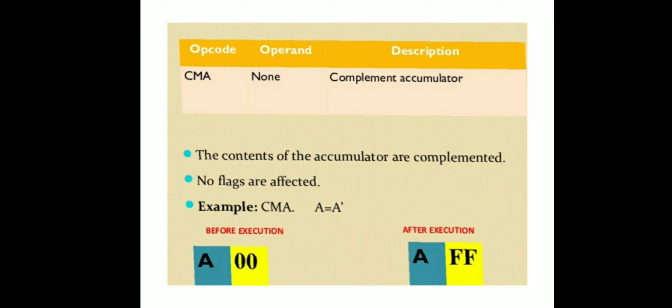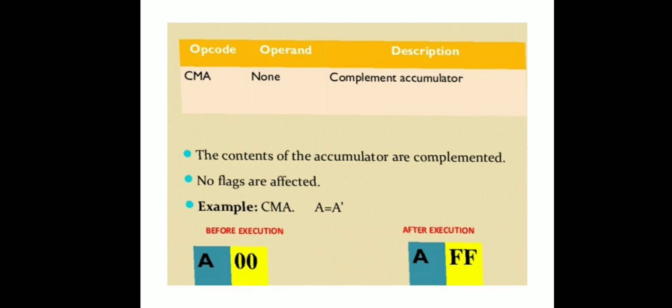Now, complement accumulator. In this instruction, the content of the accumulator is complemented. No flag is affected. Whatever the value of the accumulator is, it is complemented. As shown in the example, the accumulator has 0 value.